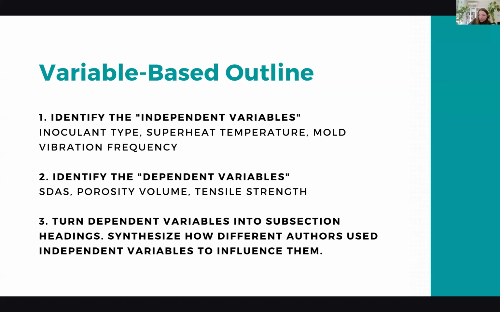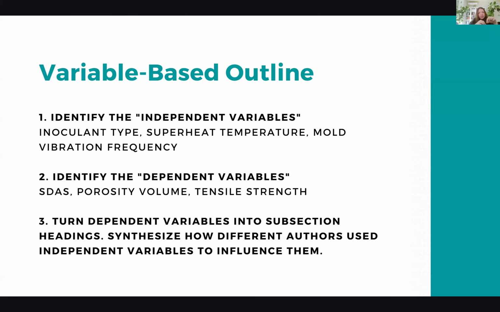So, for example, you are researching how to improve tensile strength of a certain alloy. So your section subheading would be improving the tensile strength of some sort of steel. That's your big section.